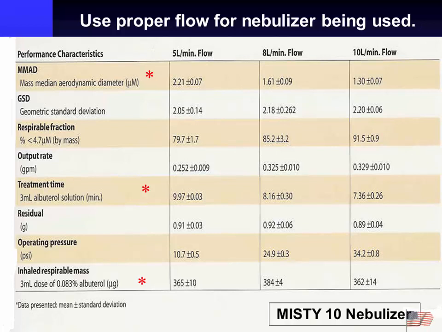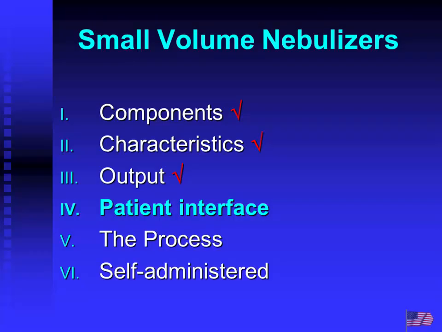But again, sometimes there's specific recommendations from the manufacturer. This is the Misty 10 nebulizer, and for whatever reason they recommend using it at various flows. You can see the duration of the therapy changes, and you can end up getting some optimal particle size.